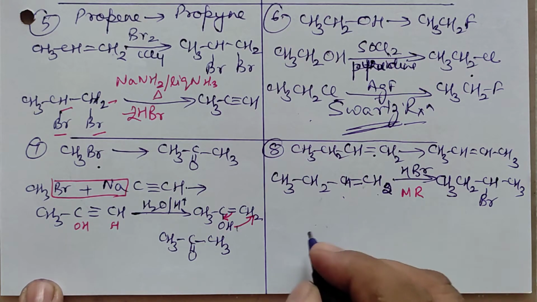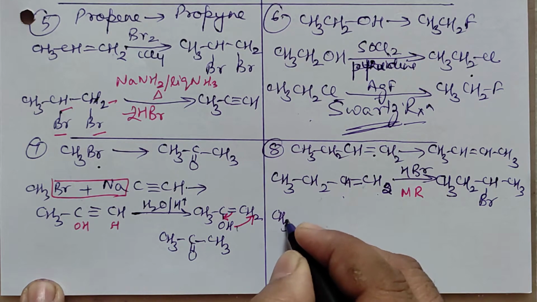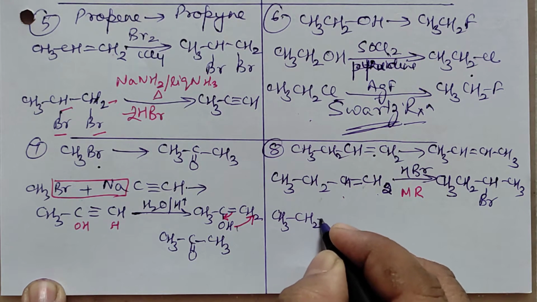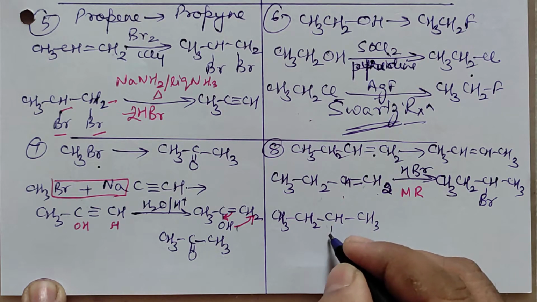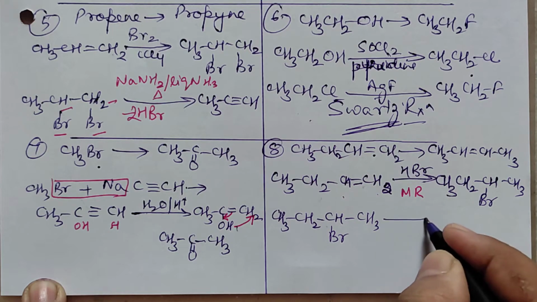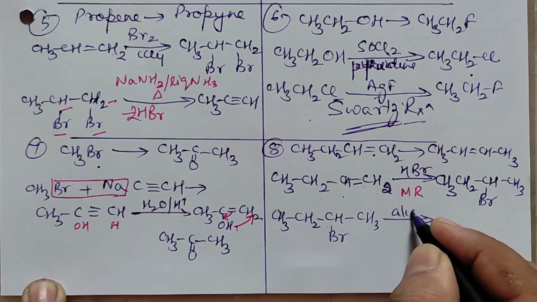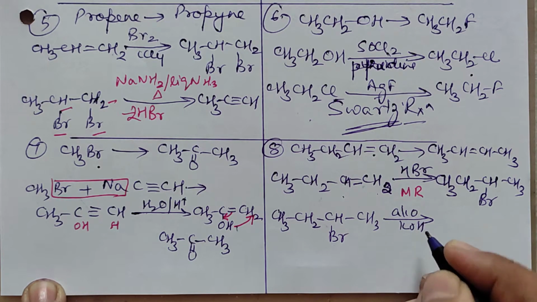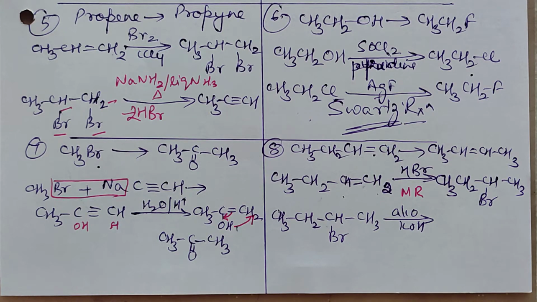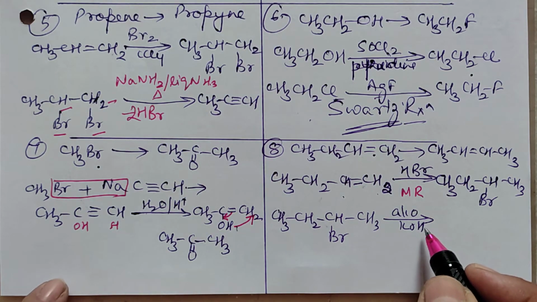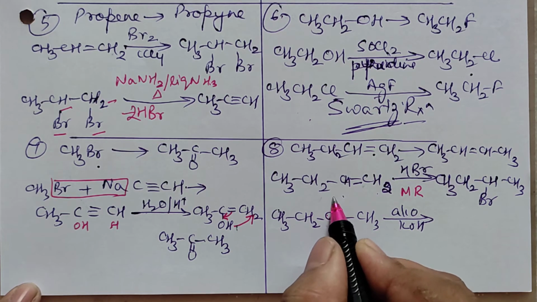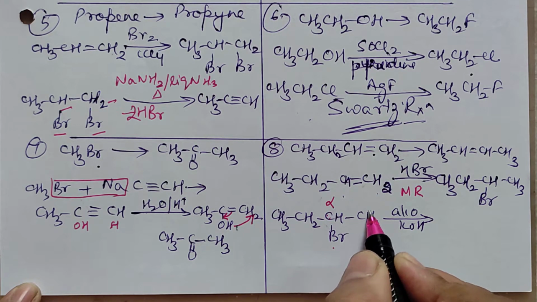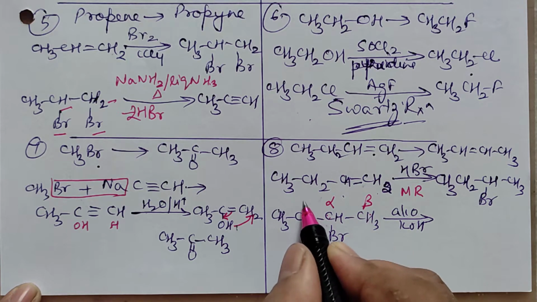Now the product which you have got here, we will remove HBr again now. How do we remove HBr? We remove HBr in the presence of alcoholic KOH. It's a good dehydrohalogenating agent. Now when you carry out the reaction, this is the carbon containing halogen. This is the alpha carbon. This side is beta. This side is also beta.